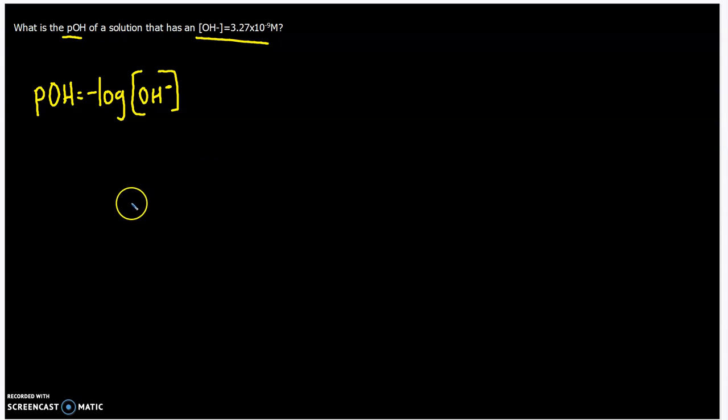Okay? So I can just simply plug this into my formula, nice and easy. pOH, which we don't know, so I'm just going to leave it like that, is equal to the negative log of 3.27 times 10 to the negative 9.